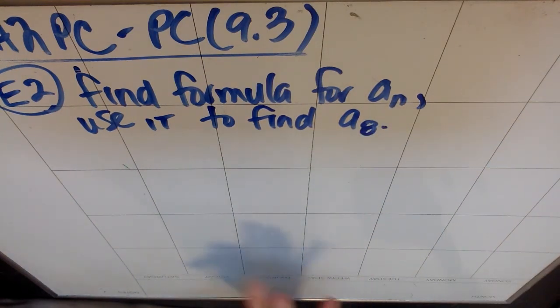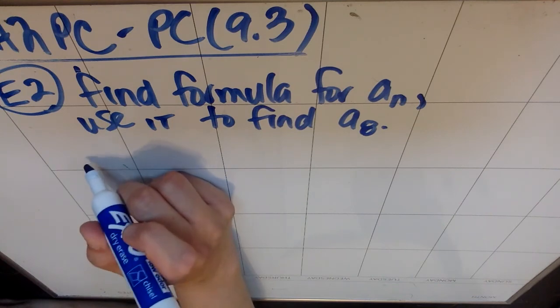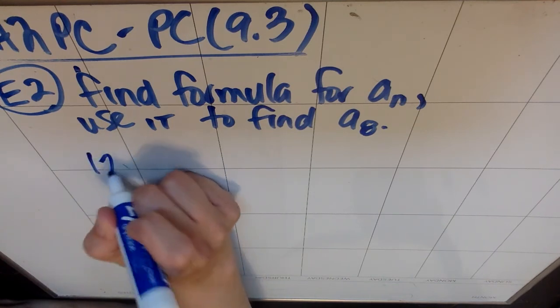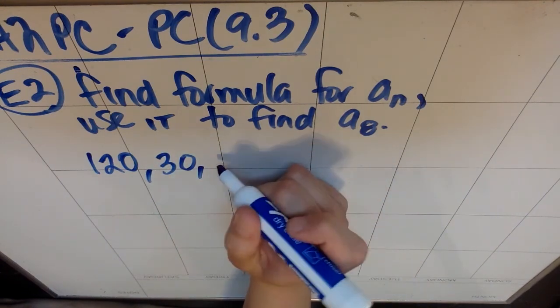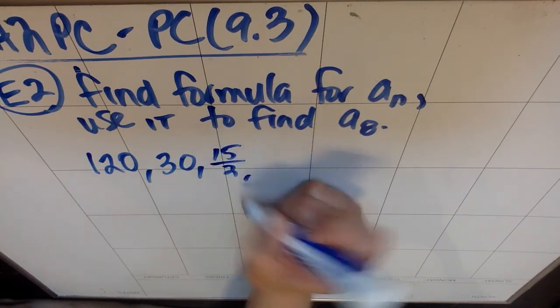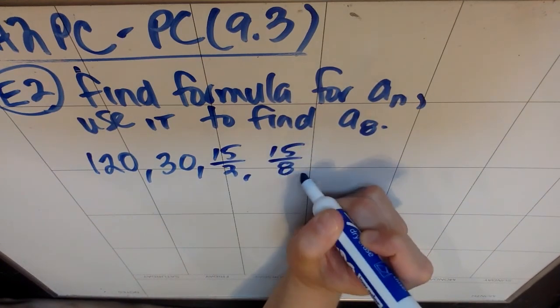Okay, so the sequence that I'm going to give you is 120, 30, 15 halves, and 15 eighths.